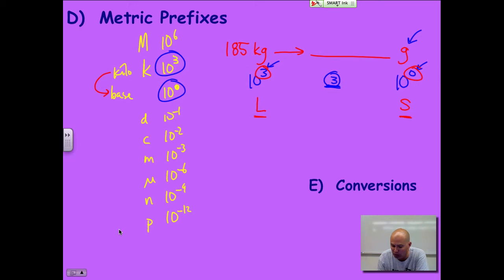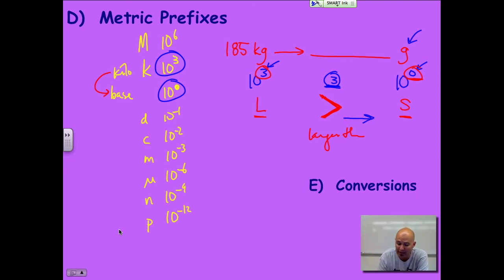Larger, smaller. You remember the old idea of the alligator eating the bigger one? 3 is larger than 0, so we put the little greater than symbol. To me, that looks just like an arrow pointing to the right.